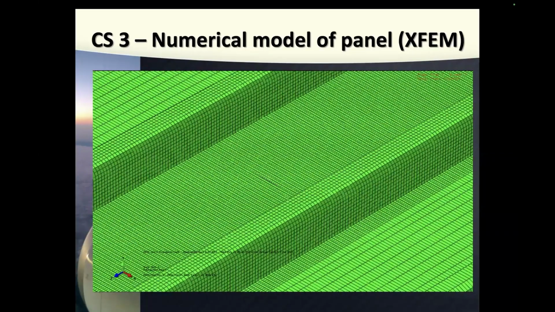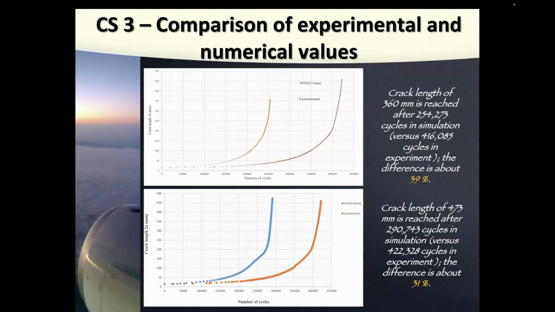But this was not satisfying, because when I used a 1 millimeter mesh, the difference between the experimental and numerical approach was 39%. When the mesh is 4 millimeters, it's 31%. As you can see, it's less than this, but still too much when you compare XFEM and experimental.